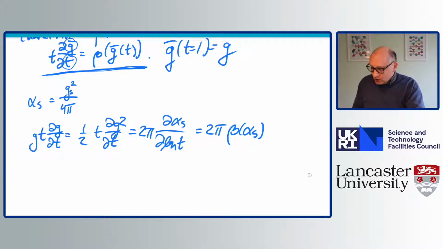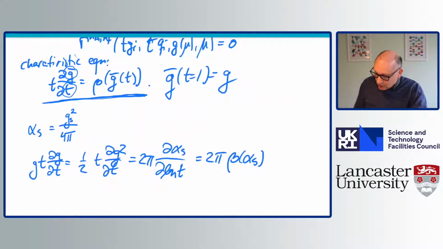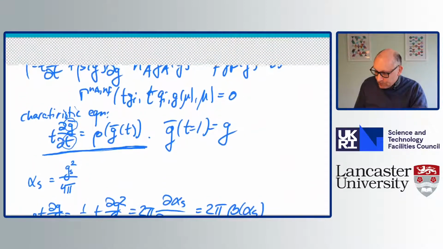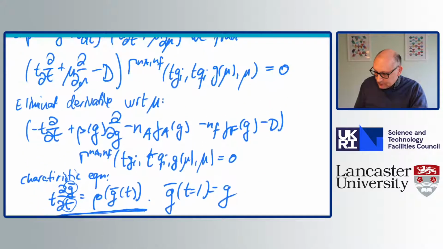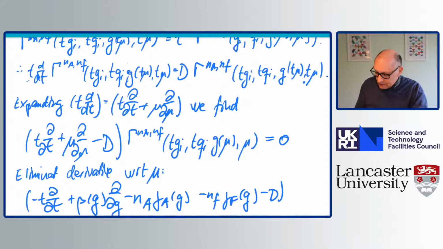So while the bare Green's function doesn't depend on mu, the physical Green's function here will depend on mu because it can only be calculated perturbatively.